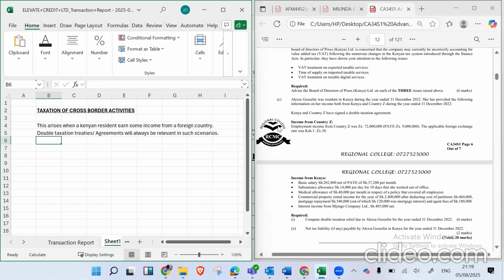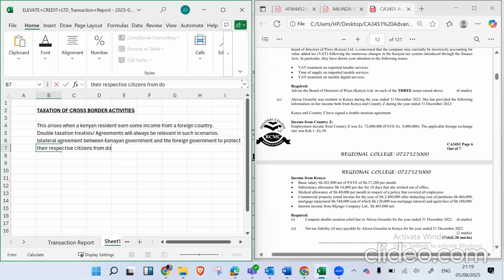Then you can, next point, say defining what double taxation treaties are: these are bilateral agreements between the Kenyan government and the foreign government to protect their respective citizens from double taxation.